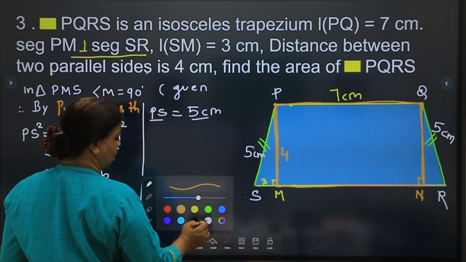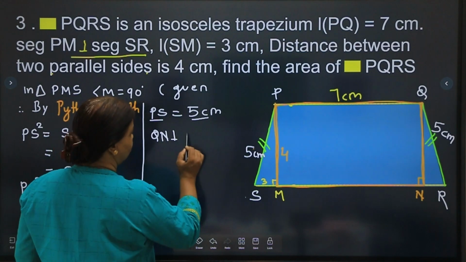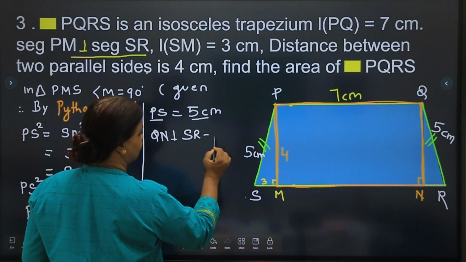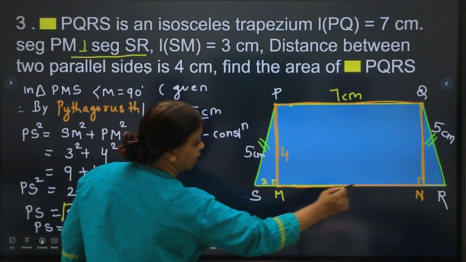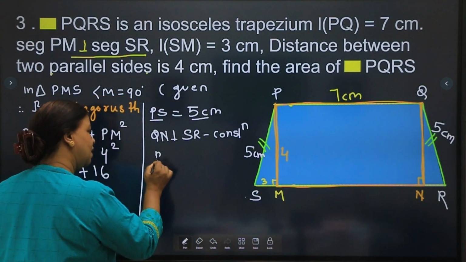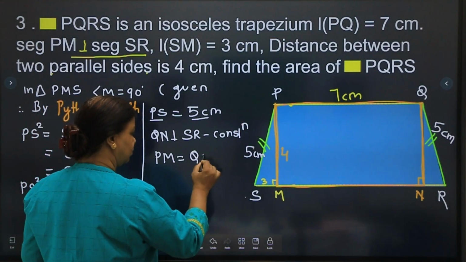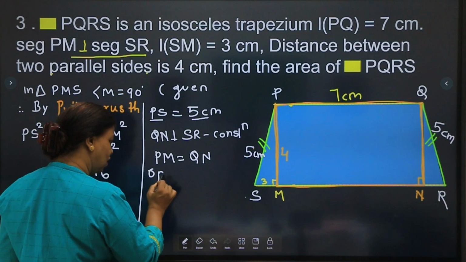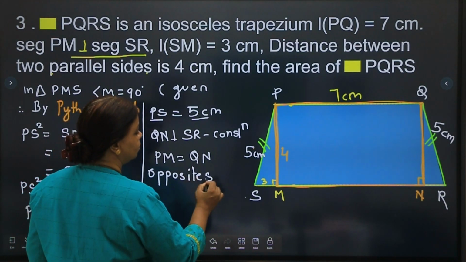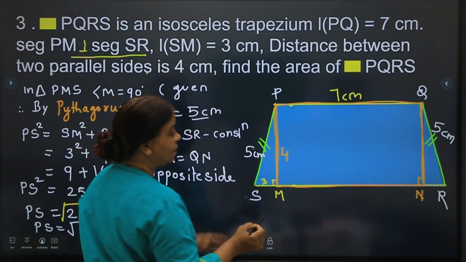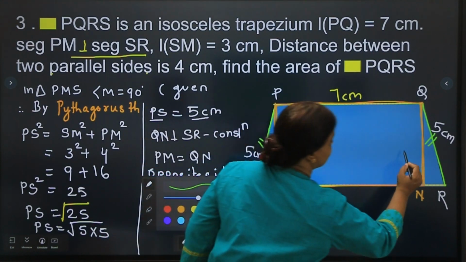So QN is perpendicular to SR, by construction. If QN is perpendicular to SR, PM is equal to QN, as opposite sides of parallelogram are equal. So if this is 4, this also will be 4.